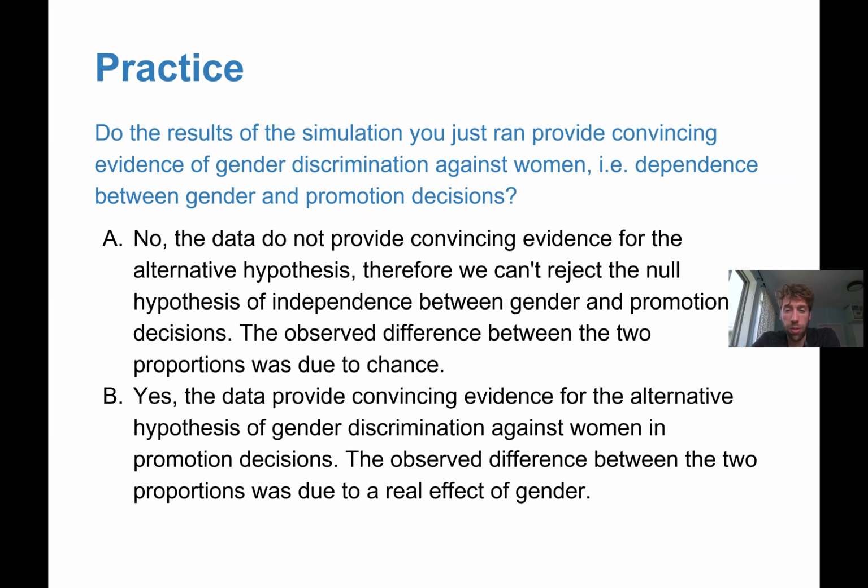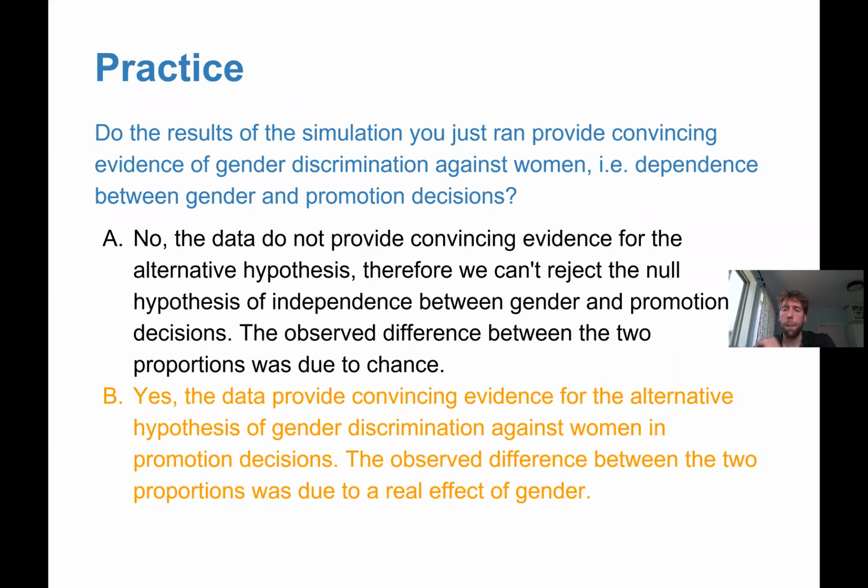The observed difference between the two proportions is due to chance. Answer B is yes, the data provide convincing evidence of the alternative hypothesis of gender discrimination against women in promotion decisions. The observed difference between the two proportions is due to a real effect of gender. B is the most likely thing here, but we haven't proved it. We've just shown that it's unlikely.